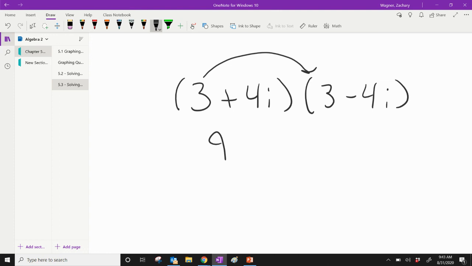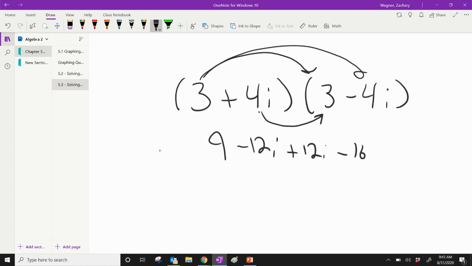So 3 times 3 gives me 9. 3 times negative 4i gives me minus 12i. Positive 4i times 3 gives me positive 12i. Lastly, positive 4i times negative 4i gives me minus 16i squared.